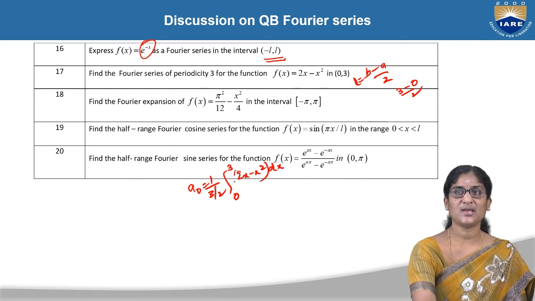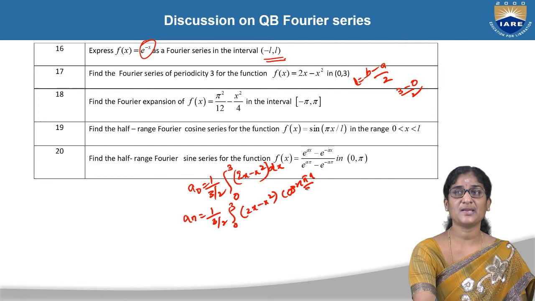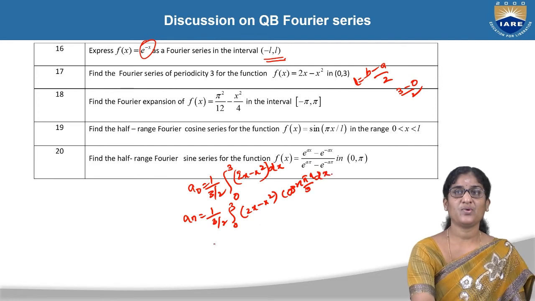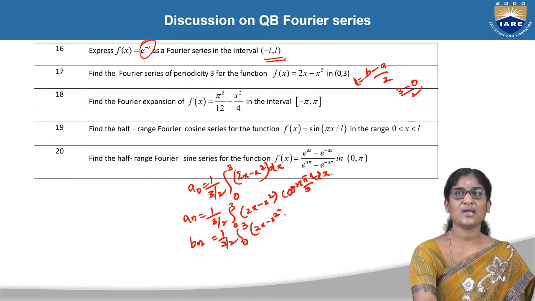And an is equal to 1 by 3 by 2 integral 0 to 3 2x minus x square into cos n pi x by 3 dx. And what is the bn value for the 17th question? 1 by 3 by 2 integral 0 to 3 2x minus x square sine n pi x by 3 dx.